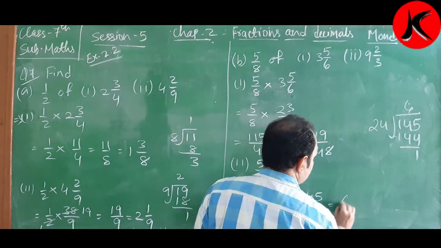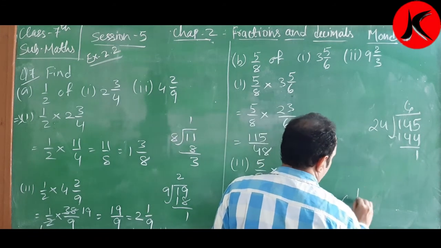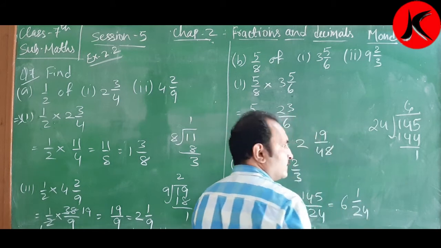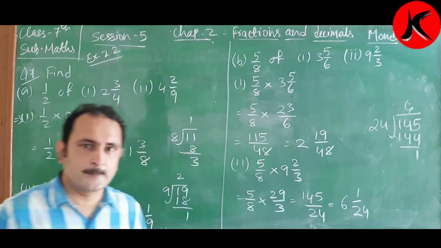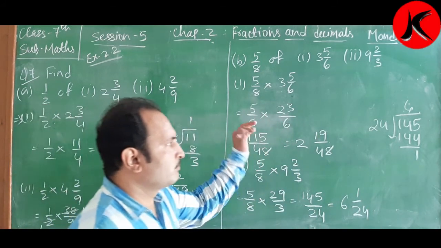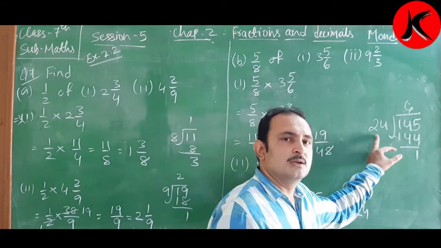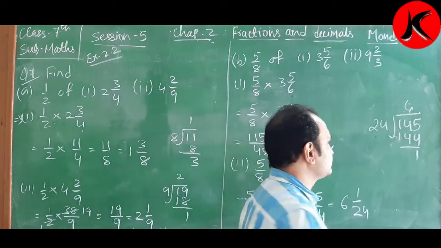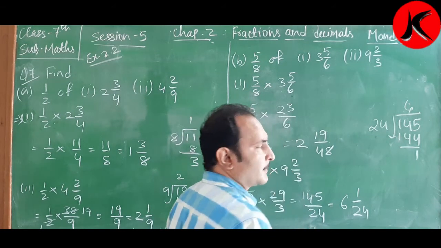So the answer would be 6 integer 1 upon 24. Okay children, multiply or divide, that is what we have to do basically. So 24 sixes are 144.